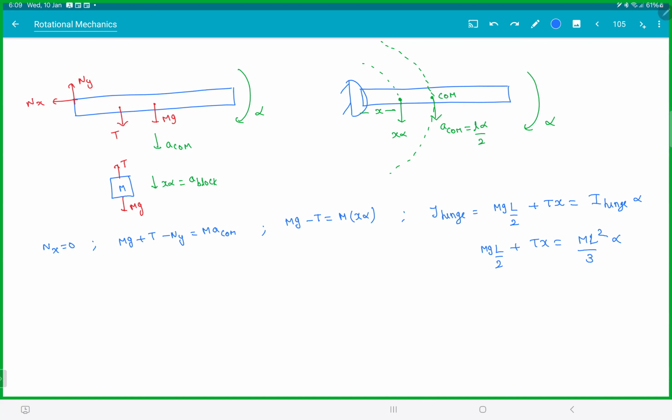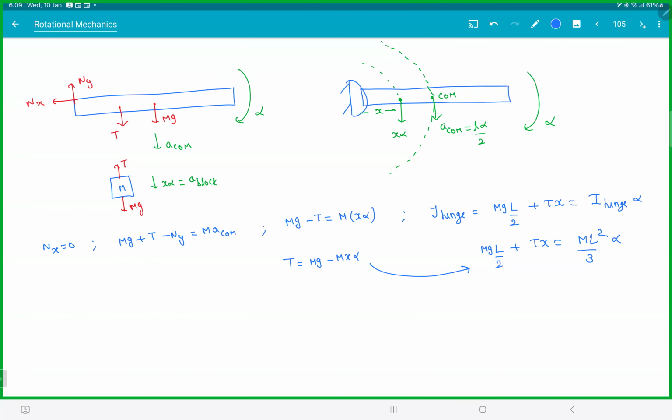Any doubts on any equation? If you're not convinced with any particular step, please ask. Now, what do I want to find? I want to find alpha. So that means I don't want T, I don't want A. So let's eliminate them. I just want to get T, right? I'll get it from here only. I don't want Ny anyway. So T will be mg minus m x alpha. If they ask you the hinge reaction, that I can also find from this equation, which is not required right now.